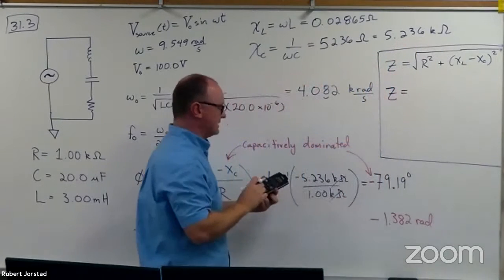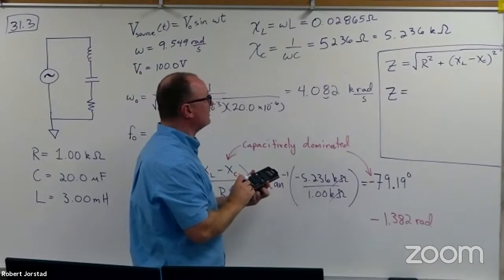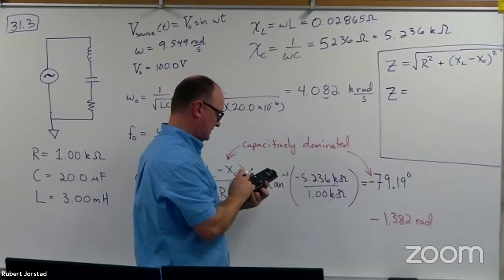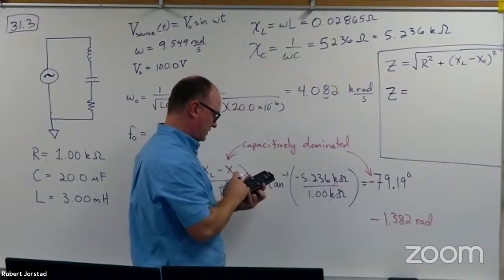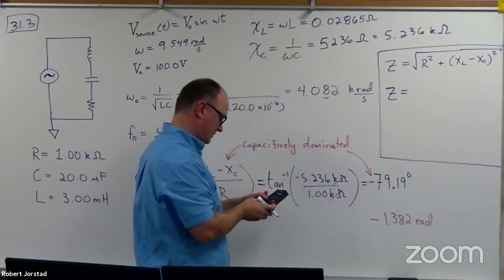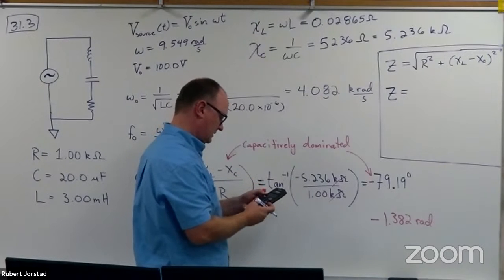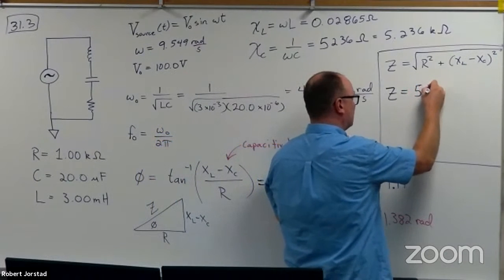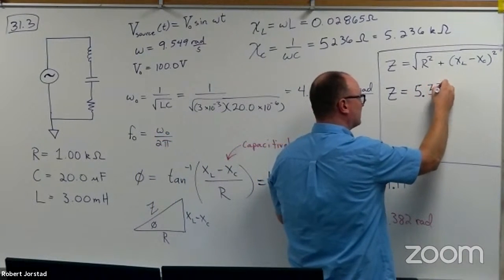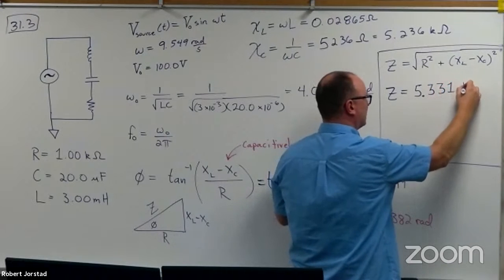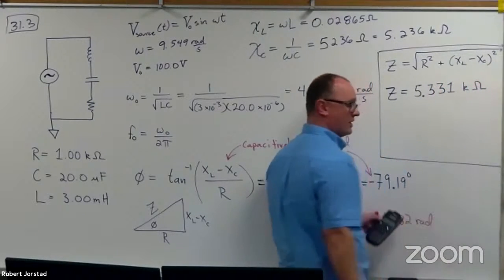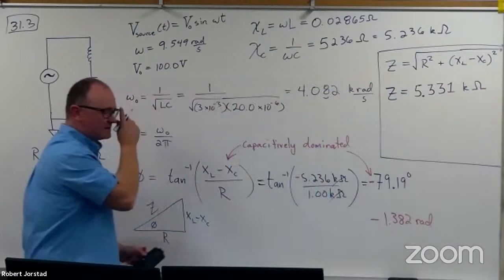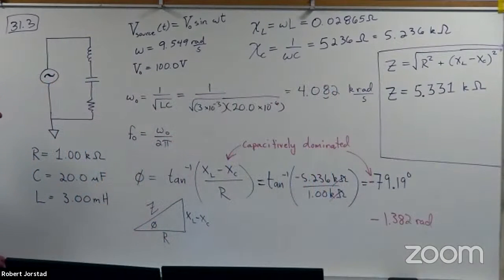So I'm just going to punch in the numbers here. You could try and race me to it. 5.236 squared plus 1, then square root that answer. I got 5.331 kilo ohms. As a note, I know I'm making this video without you students present right now.